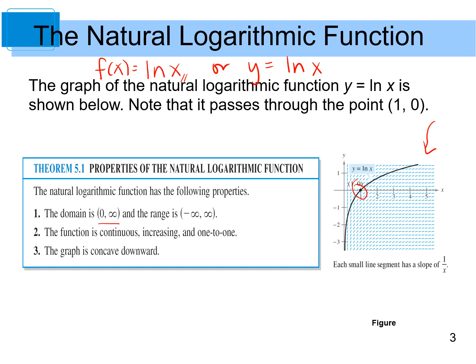So it has to be greater than 0. Likewise, its range, or the set of resulting values for the natural logarithm of x, is anywhere from negative to positive infinity. Now, this function is continuous, increasing, and one-to-one, and it is concave downward.